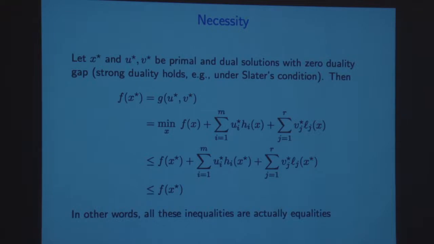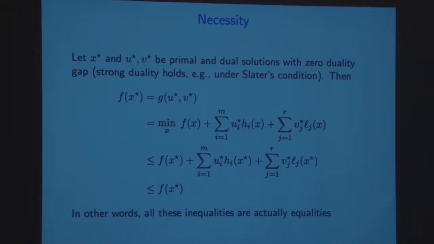Okay? So we're in a situation where we assume that we've solved the primal and the dual, and we have 0 duality gap, which means that we have strong duality, f star is equal to g star. Remember, when would that hold? That holds, for example, if the primal was convex and we had strict feasibility of its constraint set by Slater's condition.